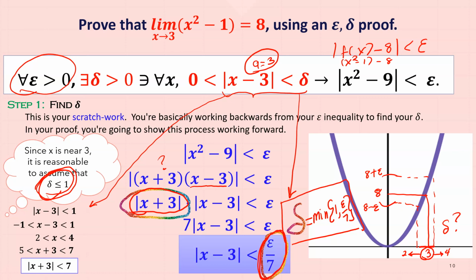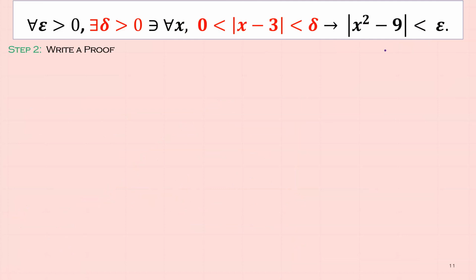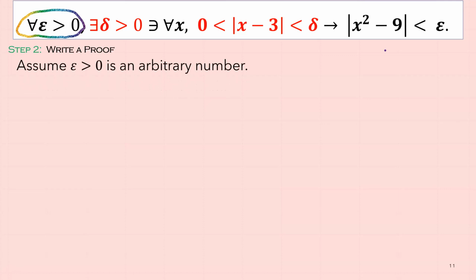Okay, so that is scratch work, just to come up with that delta so that we can show in writing the proof that there is such a delta. So here is the proof. First, for all epsilon, we would logically assume that it's an arbitrary number.